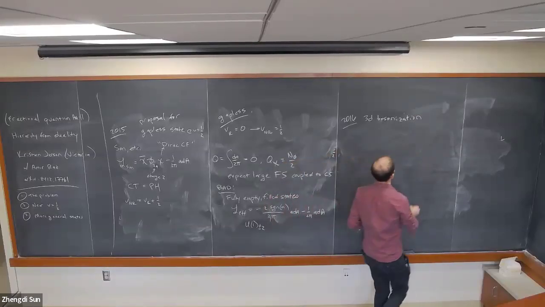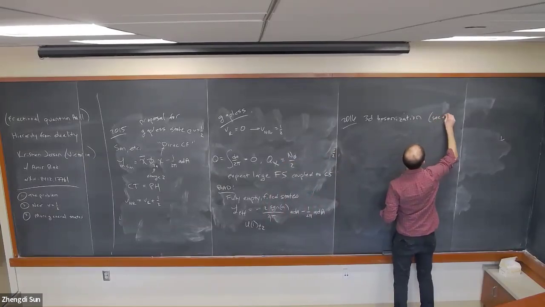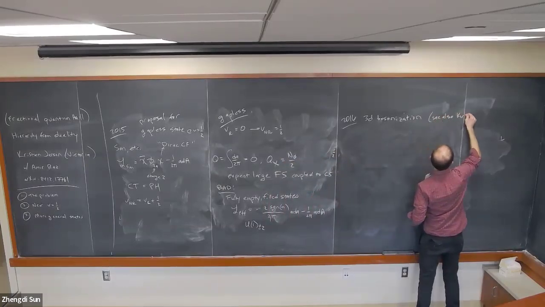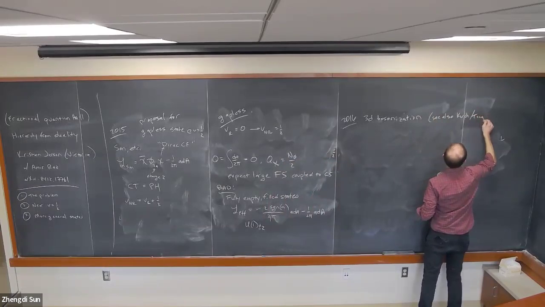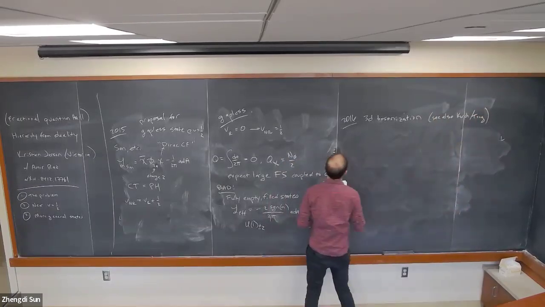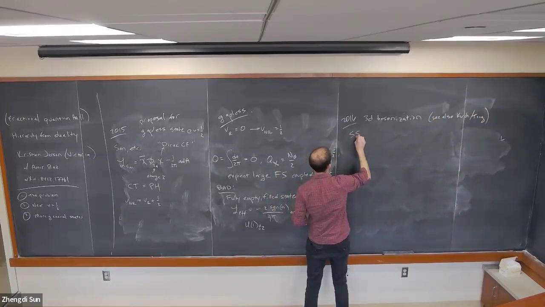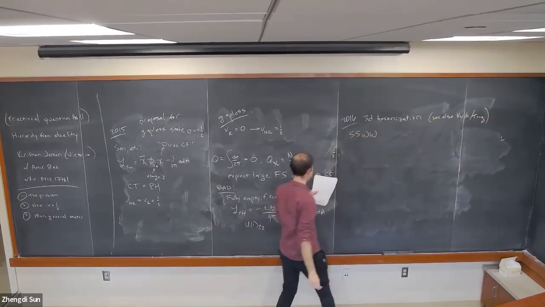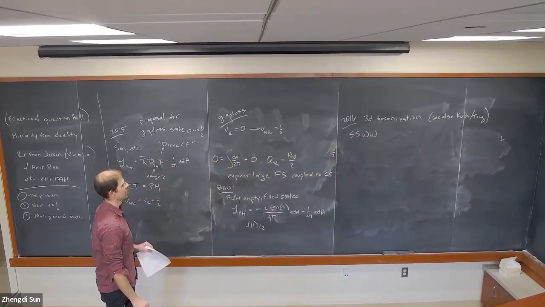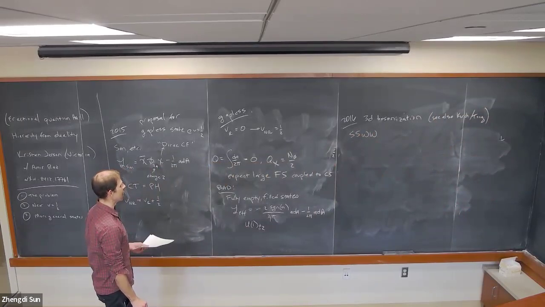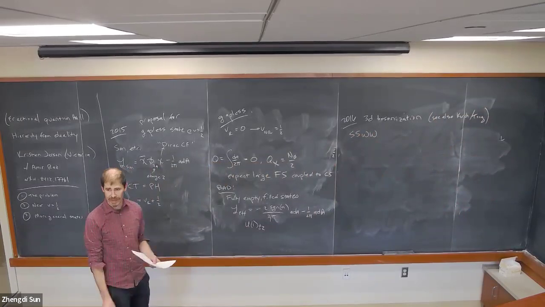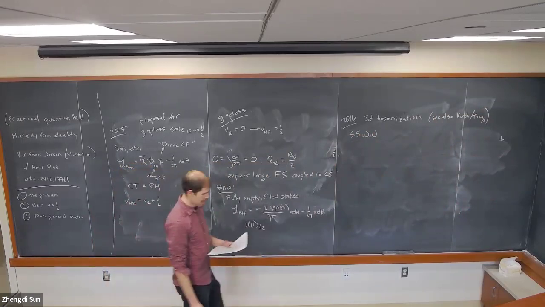So see also Art and Tong. A lovely paper by Seiberg, Senthil, Wang, and Witten, where, well, their main interest was looking at the analog of bosonization, but in 2+1 dimensions.